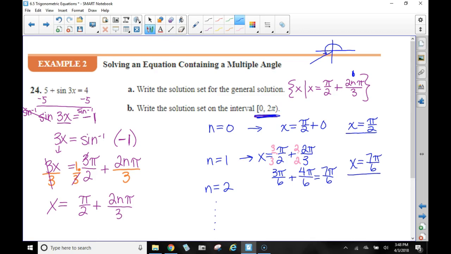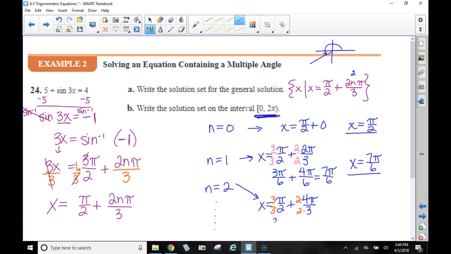Okay? Now, when n is equal to 2, right back up here in my general solution set, I'm going to have the value of x is equal to pi over 2 plus 2 times 2 times pi over 3, which is 4 pi over 3. Okay? So, again, build up your fractions to add them together. 3 over 3 and 2 over 2.